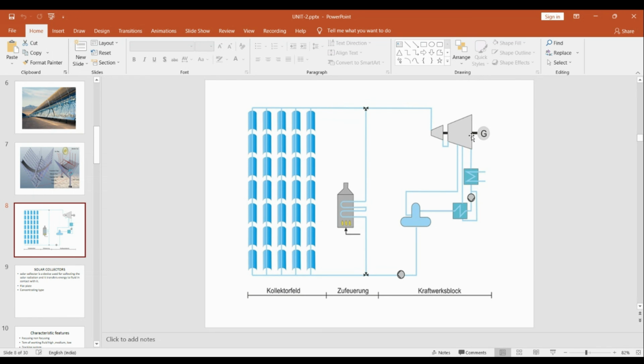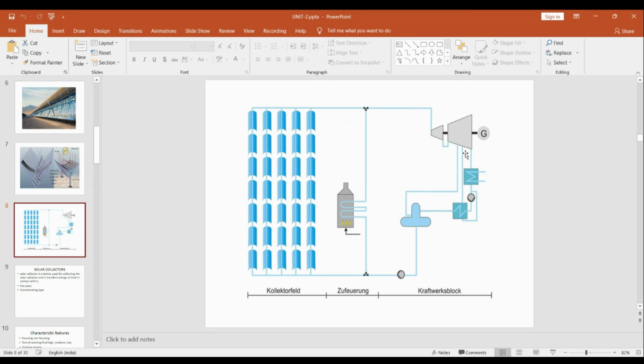Because of this high pressure steam, the turbine will rotate, and the connected generator will produce electricity. So this electricity will be used for certain applications in future.